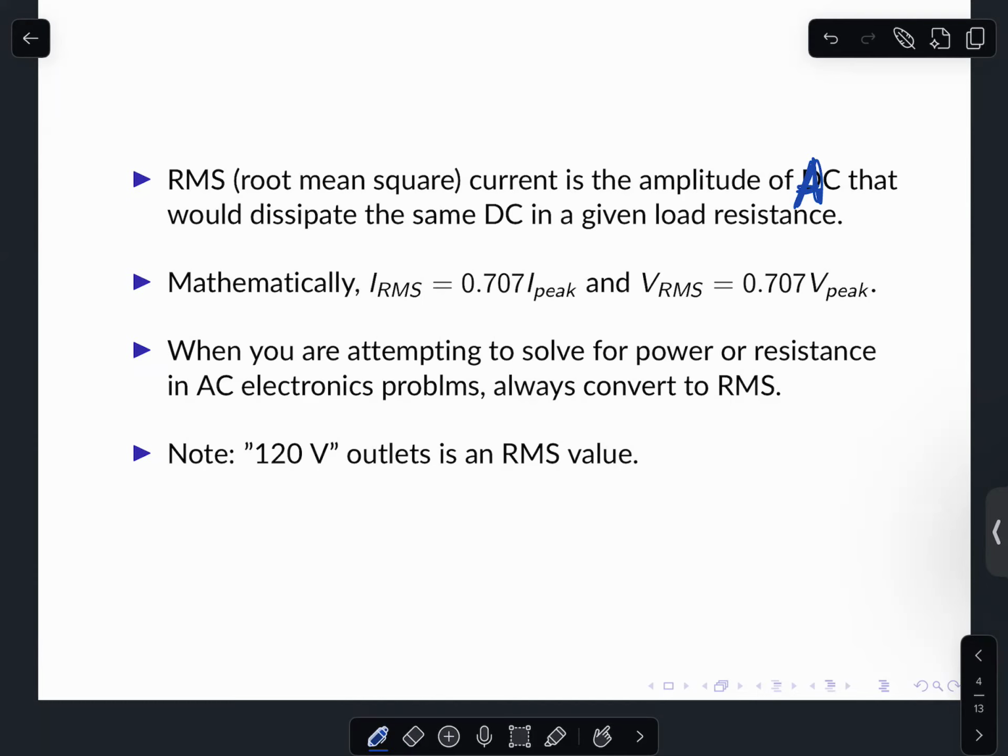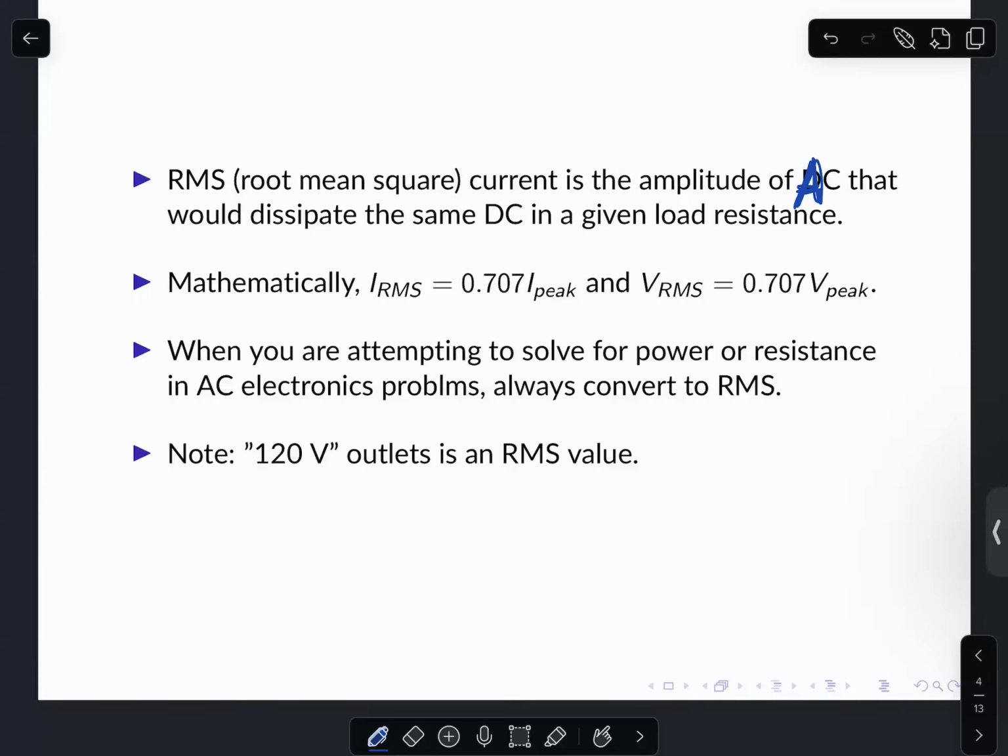If you are trying to calculate resistance, divide both sides by both sides, the 0.707 cancels out. You don't need to care if you've got RMS and RMS, if you got peak and peak. Resistance, it doesn't matter. A resistor is going to do the same thing with whichever way you measure it.